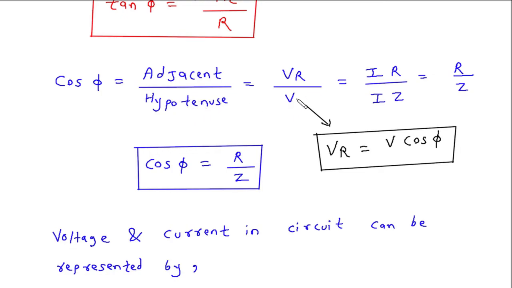Hypotenuse is the applied voltage V. So VR is equal to I into R and V is equal to I into Z. This I and this I will get cancelled. So cos phi is equal to R by Z. Now from this also we can say that VR is equal to V into cos phi. This VR is the voltage drop across resistor R, VR is equal to V into cos phi.